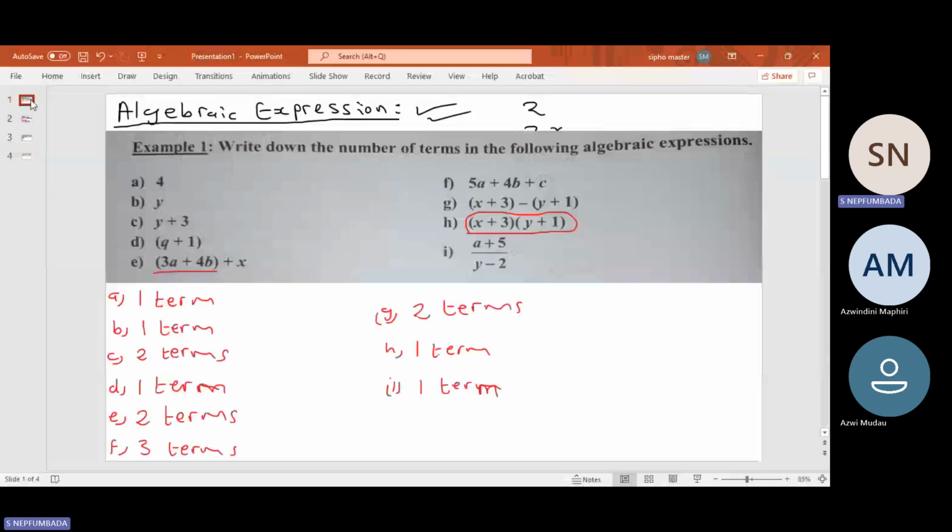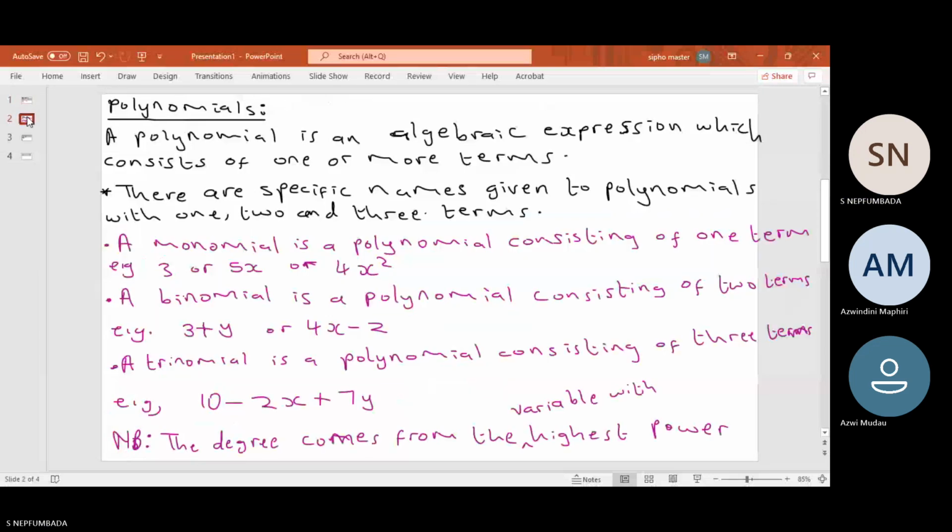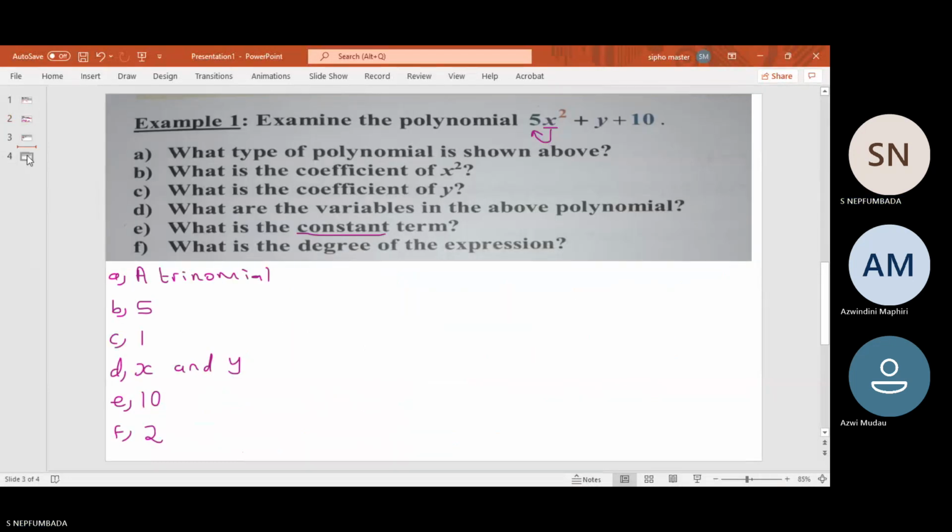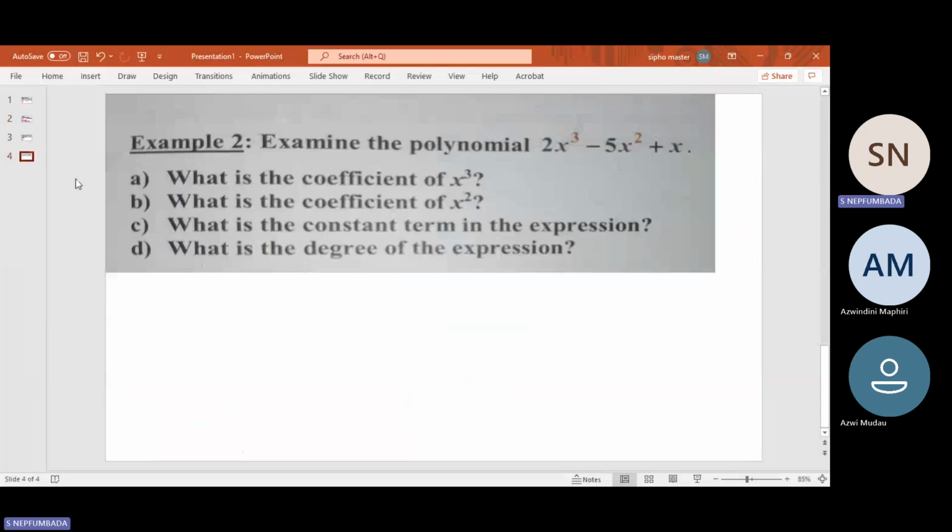If you understand those things, then you will be fine here. So now, let's try to attempt this question.